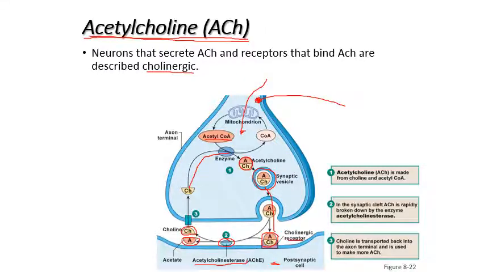In this case, the choline will get what we call reuptake. It's brought back into the presynaptic neuron, and it will be put back in to make acetylcholine. So acetylcholine gets released, binds to its receptor, gets cleaved by acetylcholinesterase here on the postsynaptic membrane, and the choline gets taken back in.